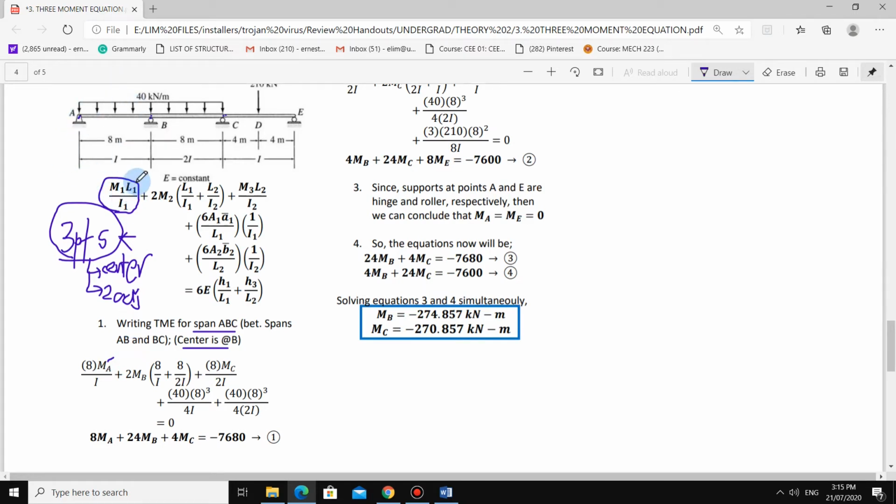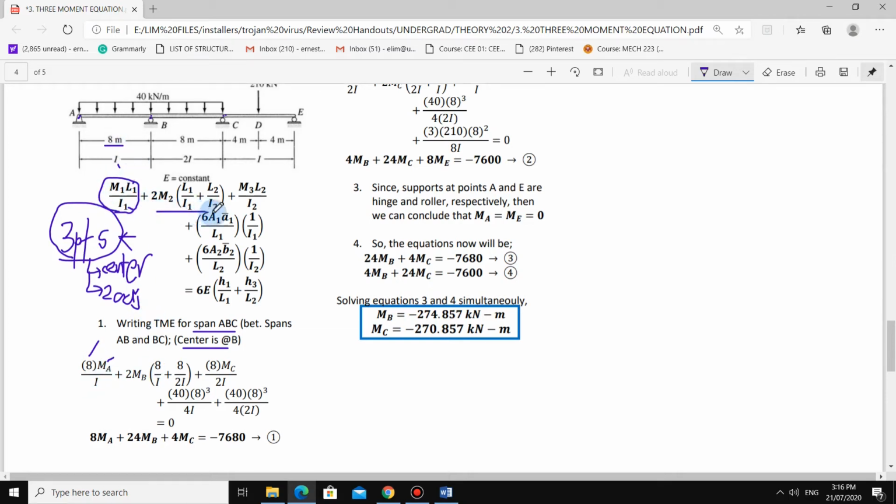Then how about L1? What is L1? It is the length on the left side of the center support, which is 8. Then I is the moment of inertia of the left segment, which is just I, or IAB. So that is the first term.